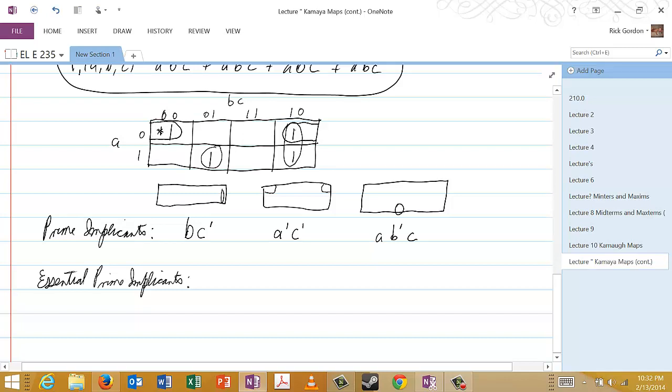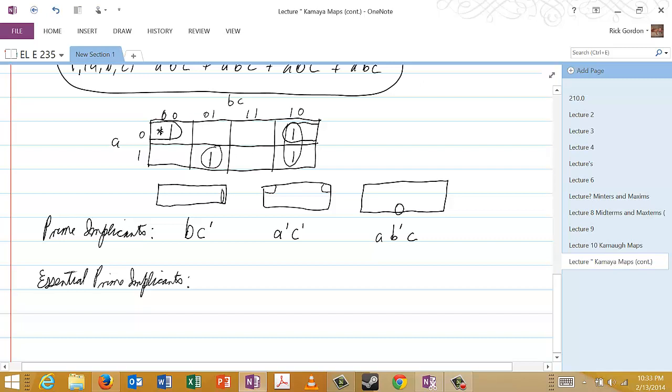Let's move over to this one at the upper right hand corner. Is this one cell essential? And the answer this time is no. This cell is contained within two of our prime implicants. It's contained within BC prime, but it's also contained within A prime C prime. So this is not an essential one cell.